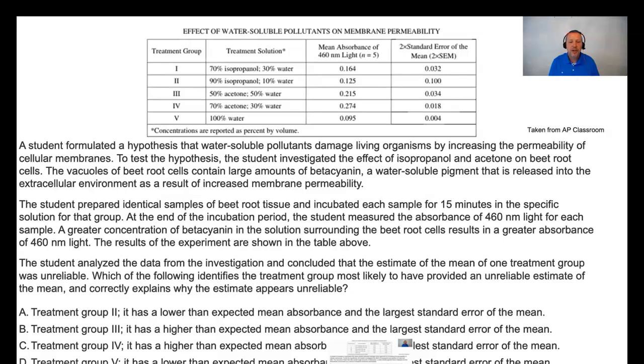Anyway, on that note, absorbance at 460 nanometers of light: a greater concentration of beta-cyanine in the solution surrounding the beet results in greater absorbance. So if something is blue, does it absorb blue light? No, right? If you give plants green light, what happens to plants?